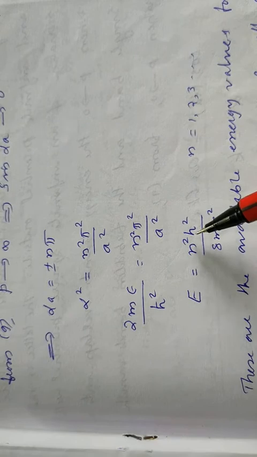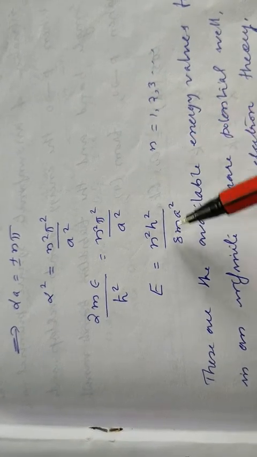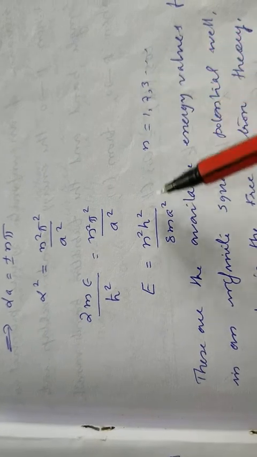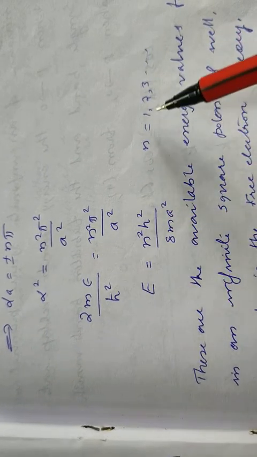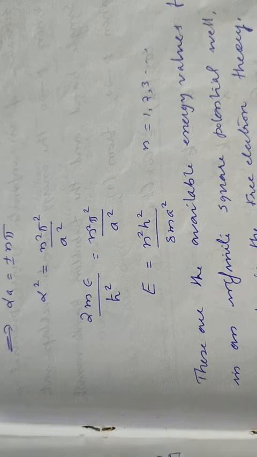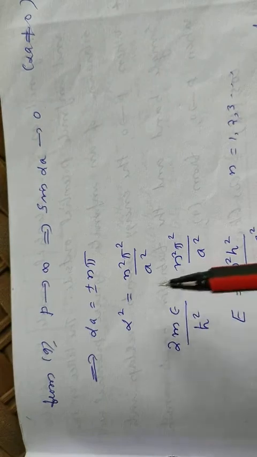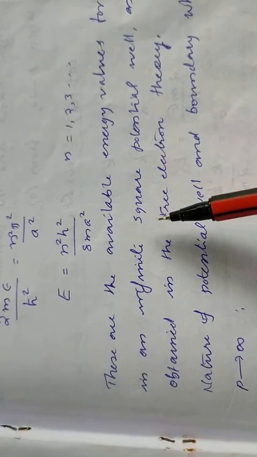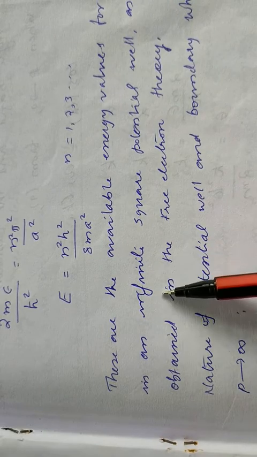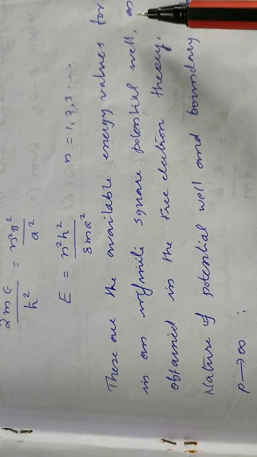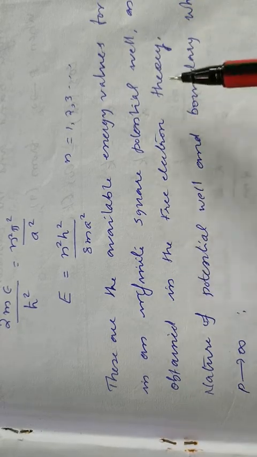So we will get energy as n square pi square h cut square by 2m a square. So we are getting energy levels like this, for n equal to 1, 2, 3, etc. This will happen when P tends to infinity. Okay, these are the available energy values for an infinite square well potential as obtained in the free electron theory.